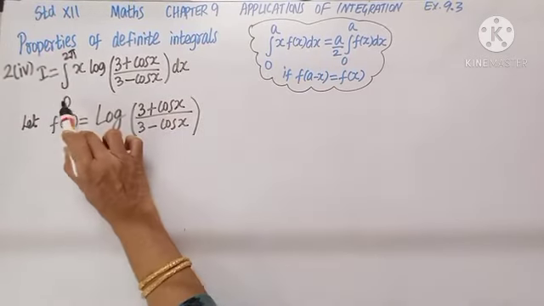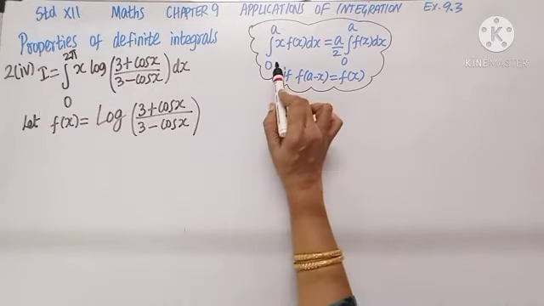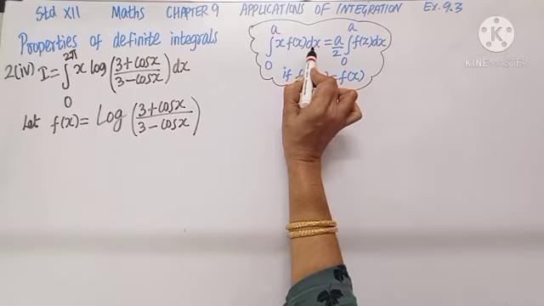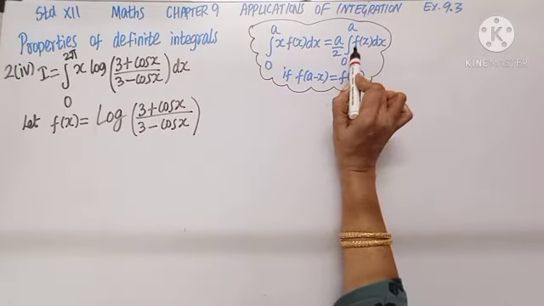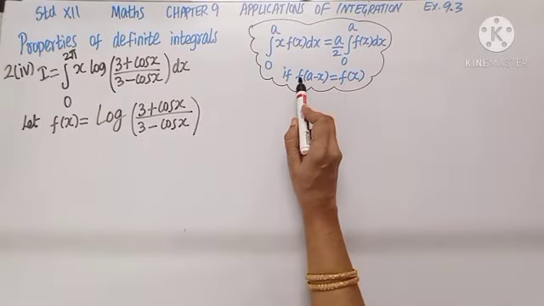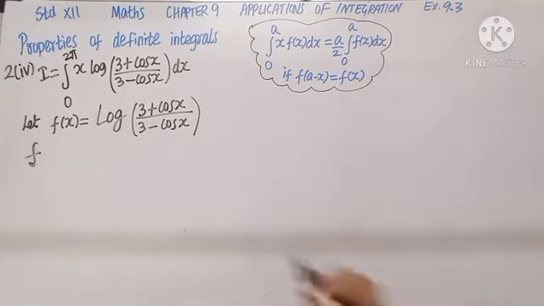When the limits are starting from 0 to some number a, integral 0 to a of x f of x dx, I can rewrite as a by 2 integral 0 to a of f of x dx, provided f of a minus x equals f of x.